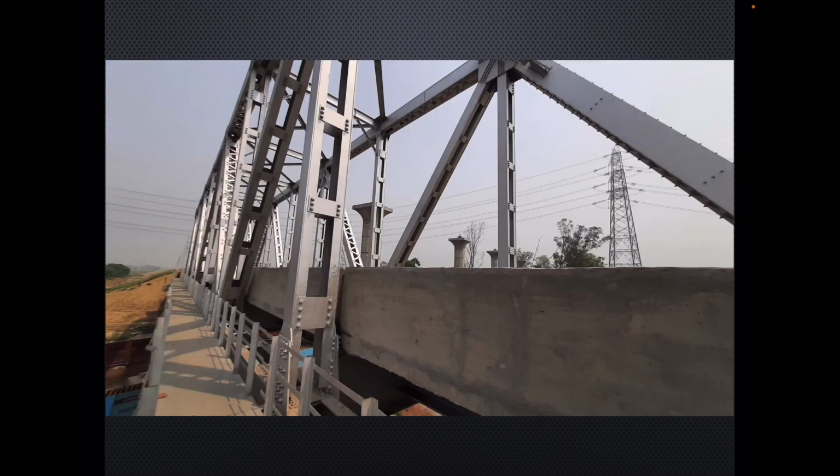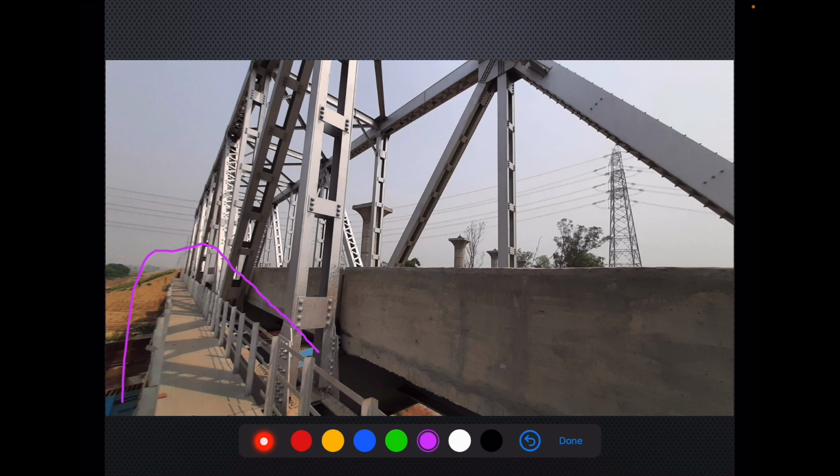Yeah. So this picture clearly shows our inspection platform. Our inspecting officials can move on this inspection platform safely without having any kind of botheration of train movement in mind. So they can peacefully do their work. They can inspect the connections. They can inspect the health of the members.